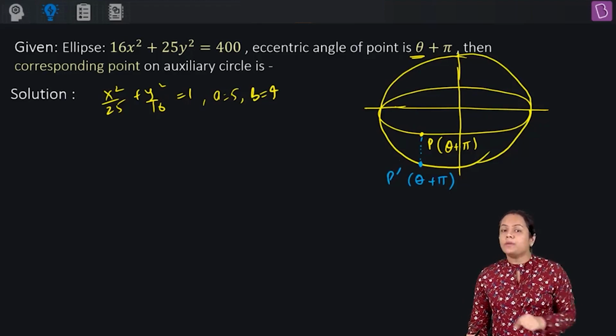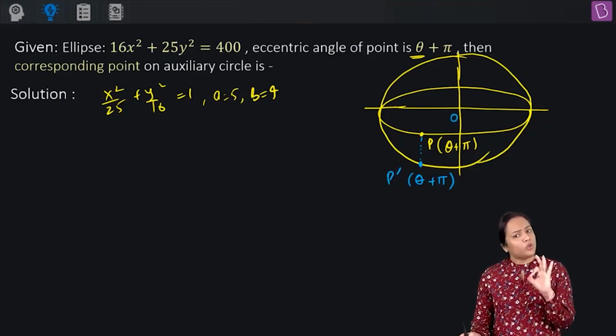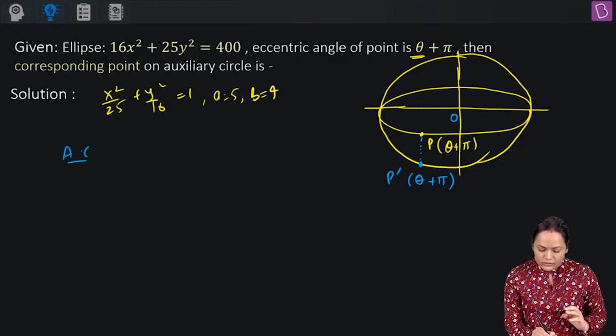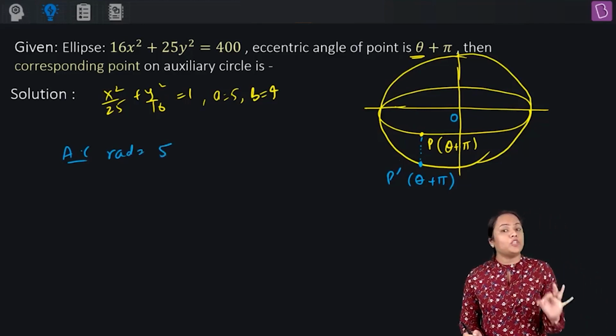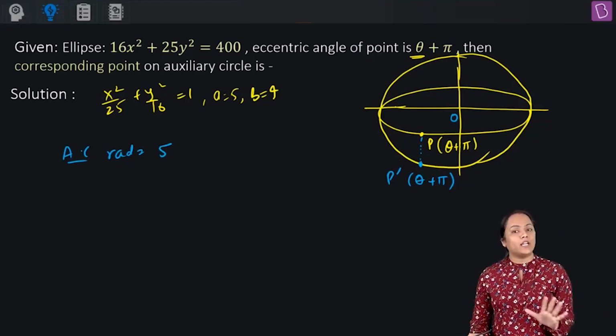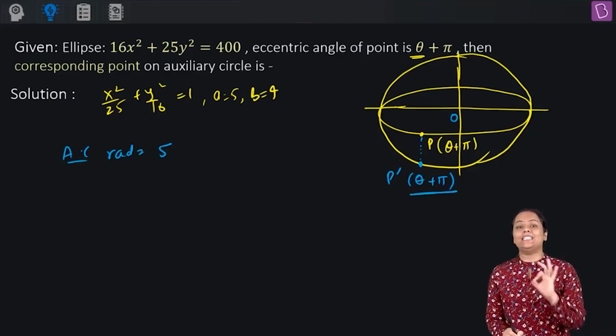That means for my circle whose center is nothing but the origin. And guys, can you quickly tell me what is the radius? Well, we have already seen that for the auxiliary circle, the radius is nothing but 5, that is the length of the semi-major axis of the ellipse. So I have a circle whose center is at the origin, whose radius is 5 and whose point has parametric angle theta plus pi.